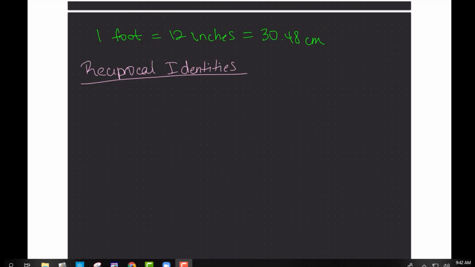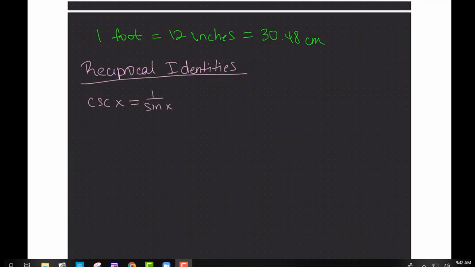If I gave you cosecant, what was cosecant the reciprocal of? Anybody remember? 1 over sine of x. Remember that?